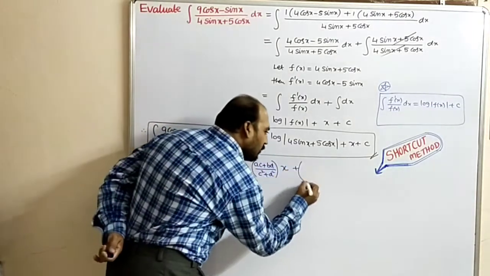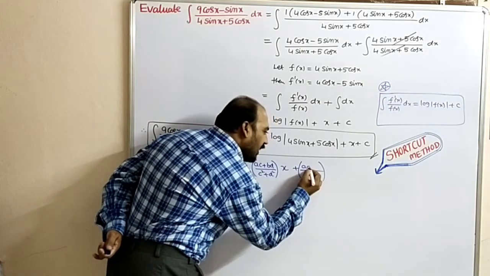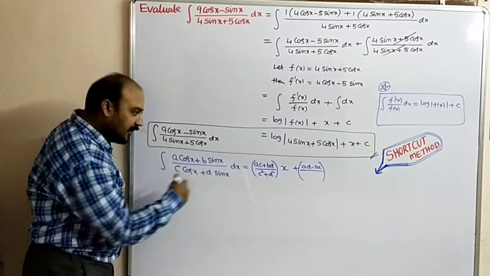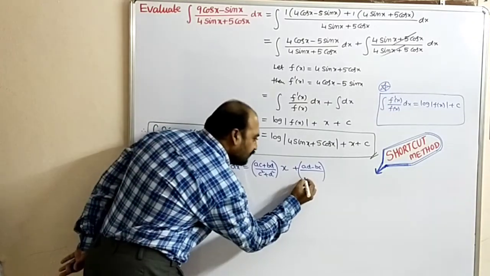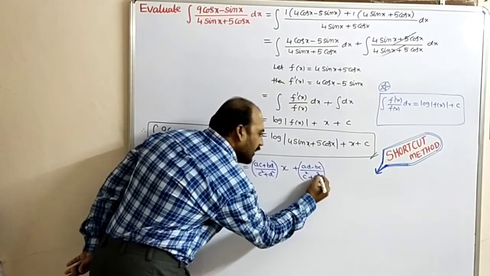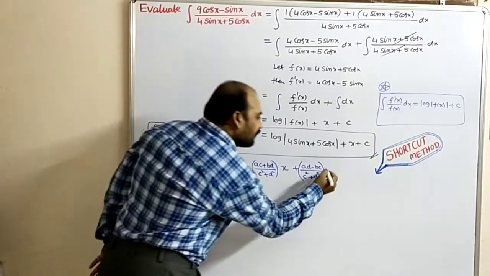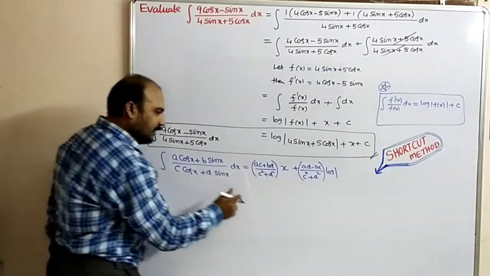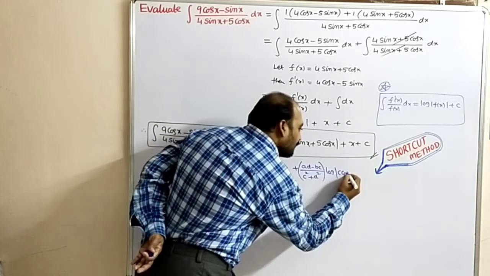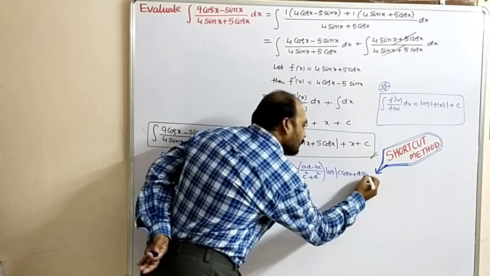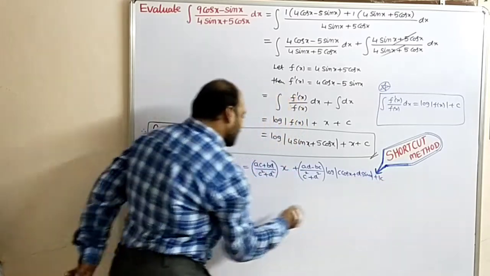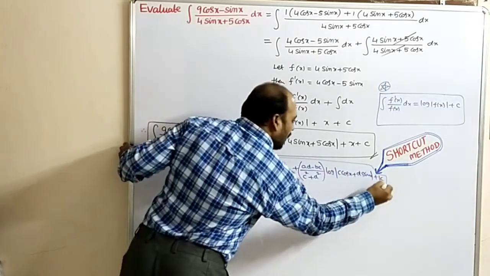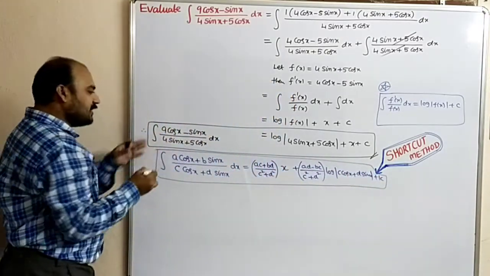That you have to write in the numerator in the second bracket: ad minus bc, divided by the same denominator as the first term, c square plus d square, into log mod of the denominator, c cos x plus d sin x. After that plus k. This is the shortcut formula to evaluate these types of problems.